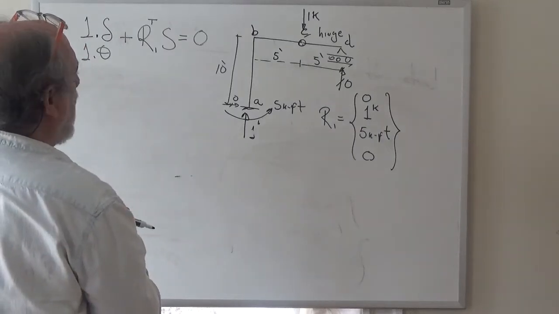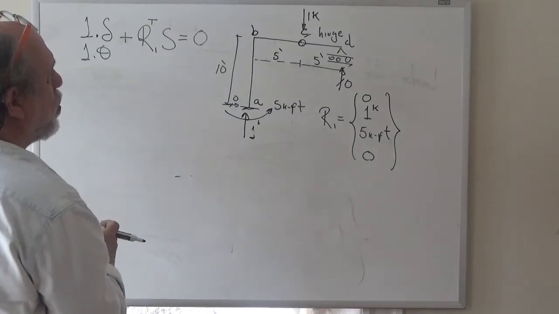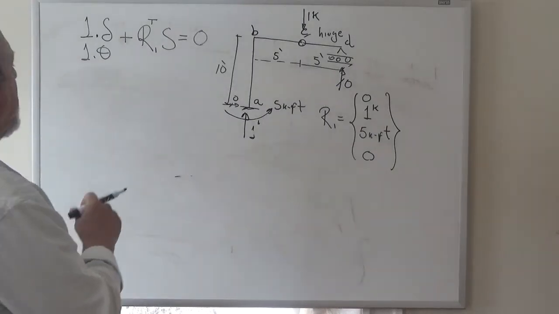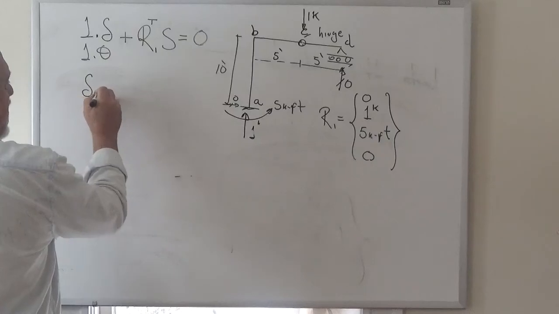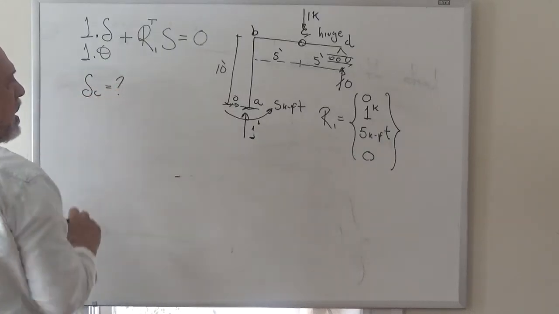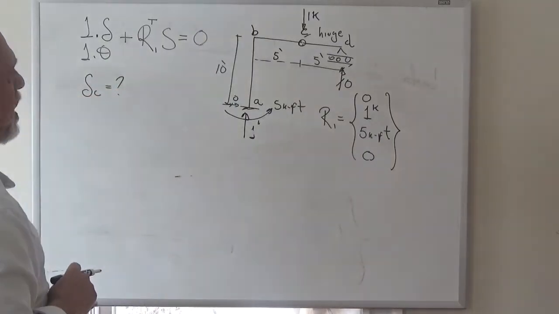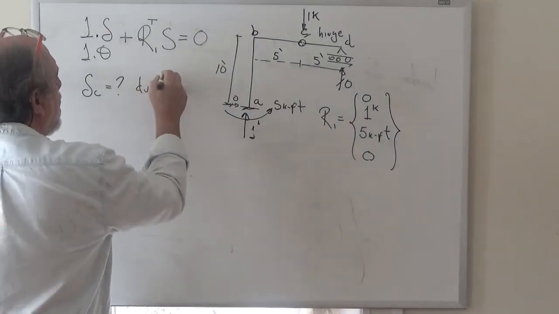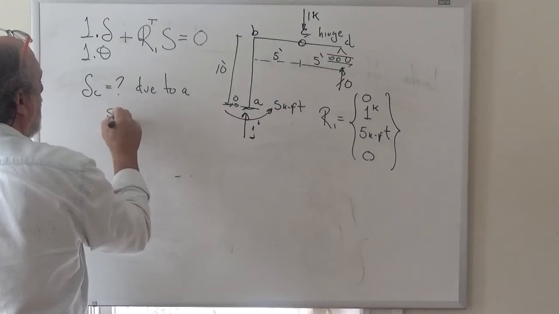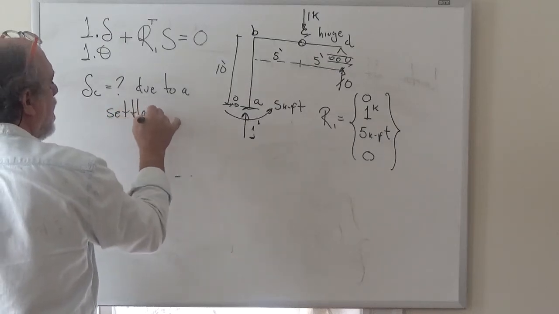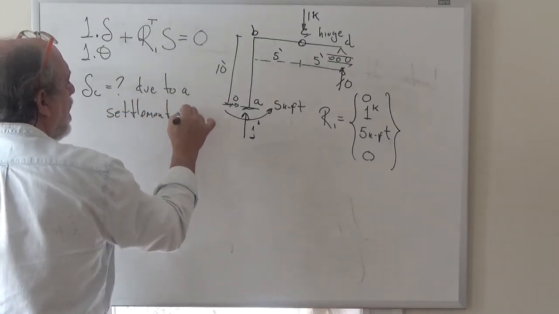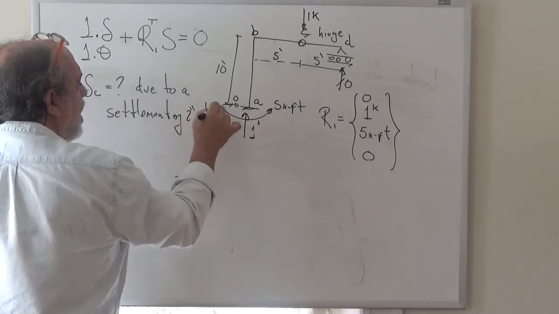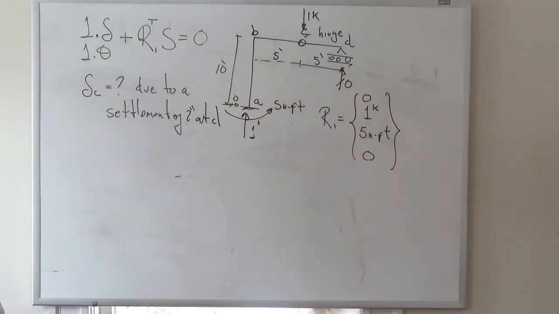Let's do that one real quick. Let's say that the question was calculate the vertical displacement at C, just like now. But what we have is a settlement of 2 inches at D.